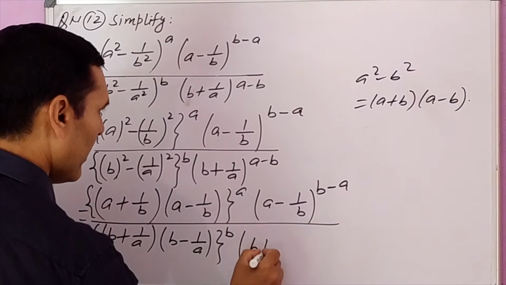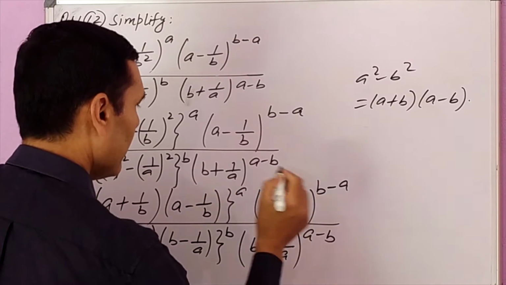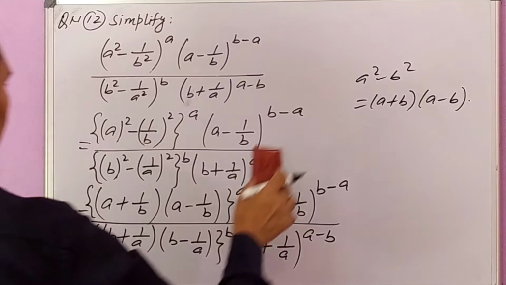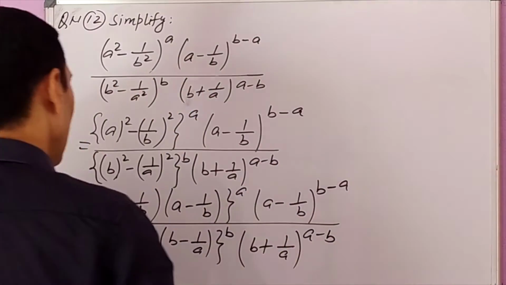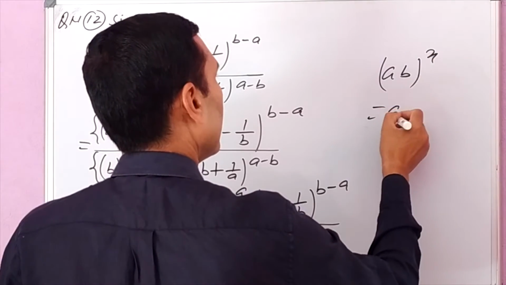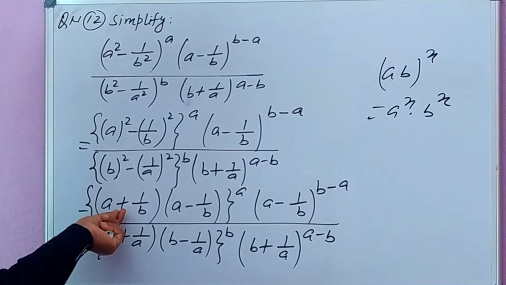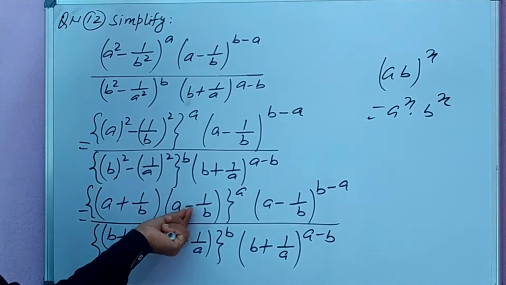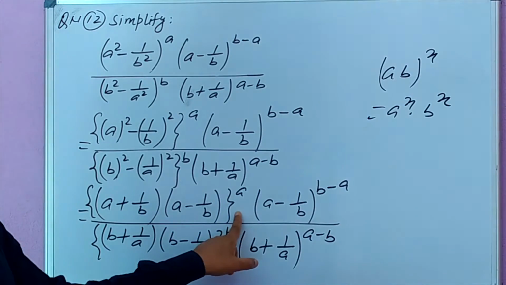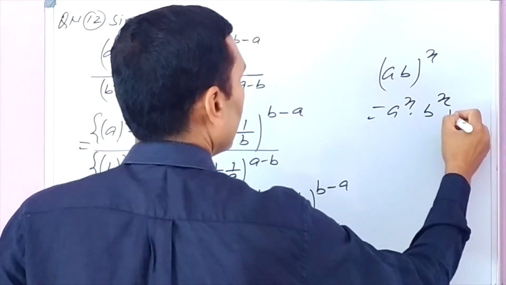It is (b plus 1 upon a) to the power a minus b as it is. After that, (ab) to the power x is a to the power x into b to the power x, because both a plus 1 upon b and a minus 1 upon b have the power a, so this can be written in this way.